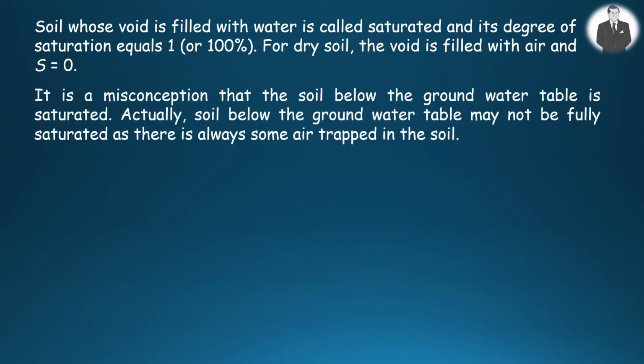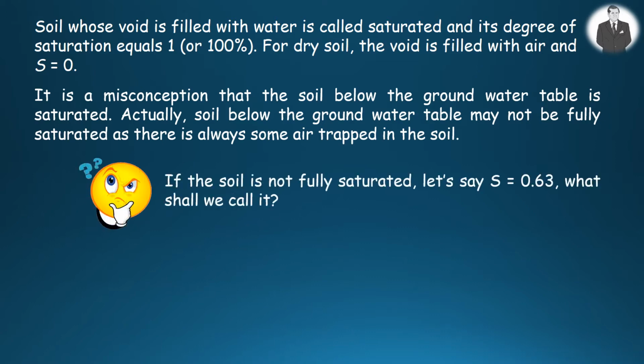It is a misconception that the soil below the phreatic surface is saturated. In fact, soil below the phreatic surface may not be fully saturated, since there is always some air trapped in the soil mass. If the soil is not fully saturated, let's say the degree of saturation is 63%, what shall we call it then?